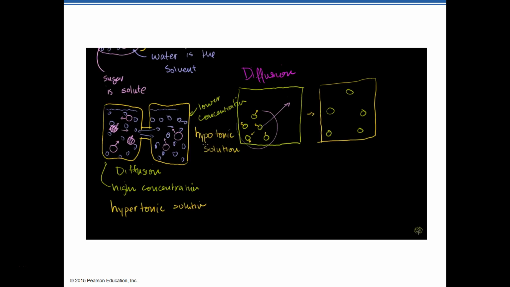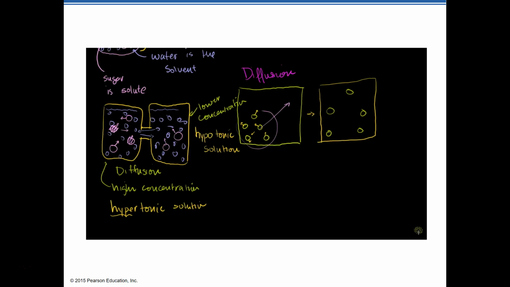You might have heard maybe one of your relatives, if they haven't had a meal in a while, say, "I'm hypoglycemic." That means that they're feeling lightheaded. There's not enough sugar in their bloodstream, and they want to pass out, so they want a meal. If you just had a candy bar, maybe you're hyperglycemic, or maybe you're just hyper in general. But these are just good prefixes to know. Hypertonic, you have a lot of the solute, so you have high concentration. And in hypotonic, not too much of the solute, so you have a low concentration. These are good words to know.